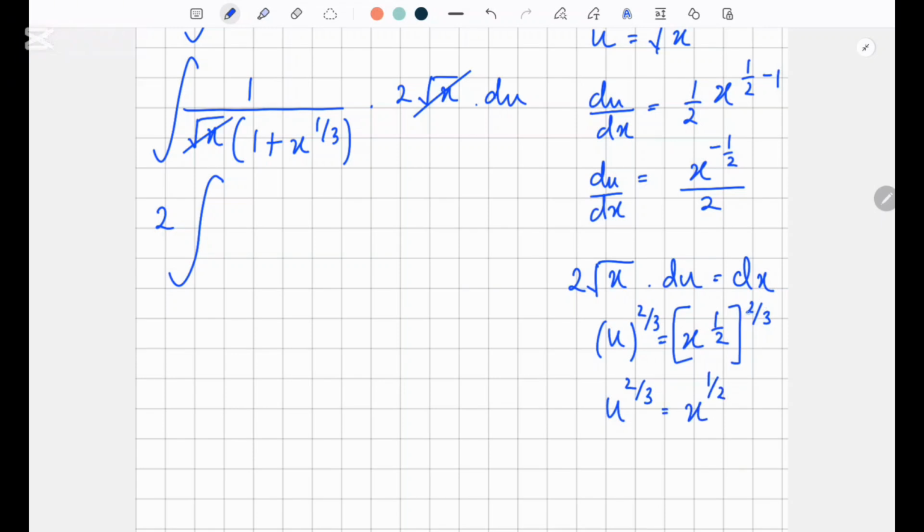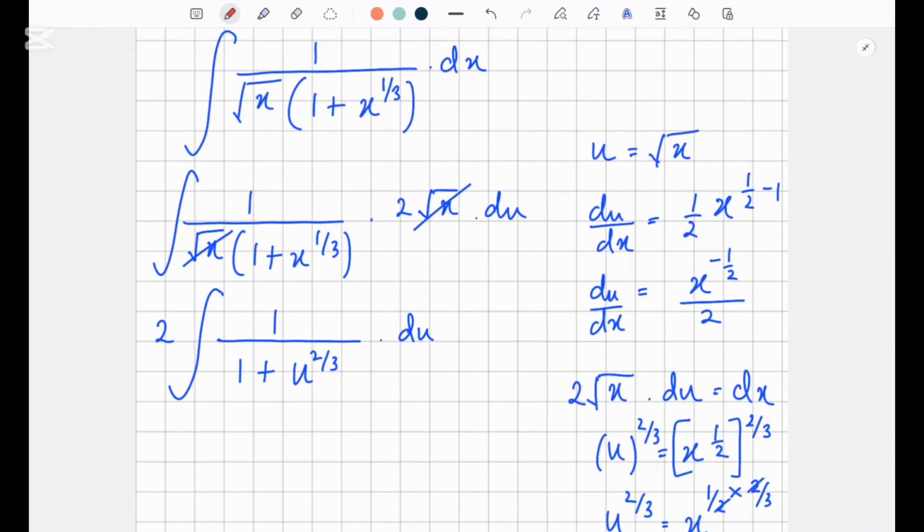When you have powers like this, the powers get multiplied, since it's a bracket. These are basic laws of indices. So you can see u to the power 2 over 3 equals x to the power 1 over 3, right? So we have 1 over 1 plus u to the power 2 over 3 dot du, okay?